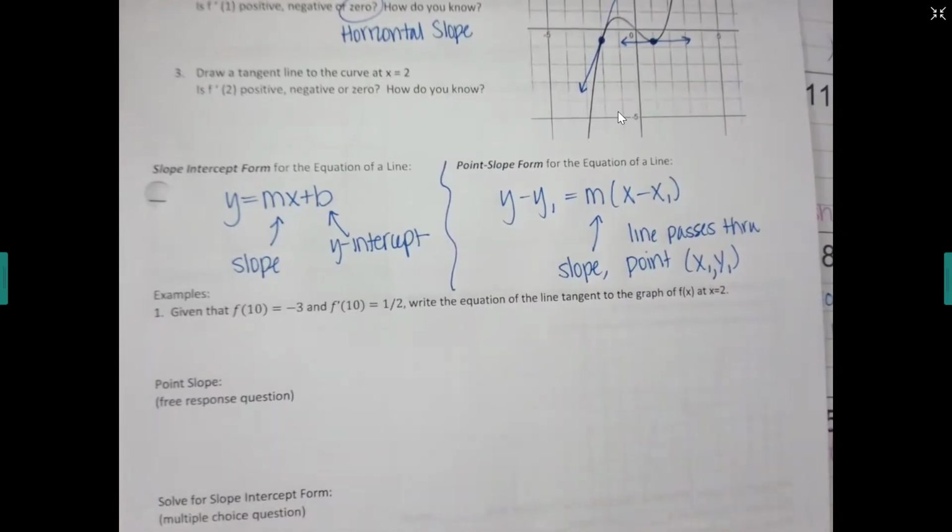Now, typically, if you're doing this equation, it's because the point that you have isn't the y-intercept. If you had the y-intercept, you'd probably just do y equals mx plus b. Okay, but this is usually going to be for a point that's not on the y-axis.